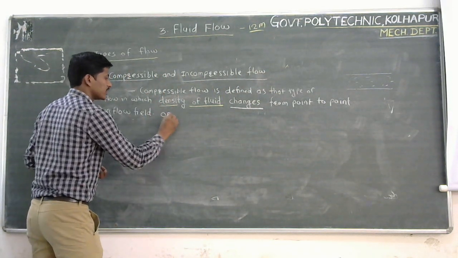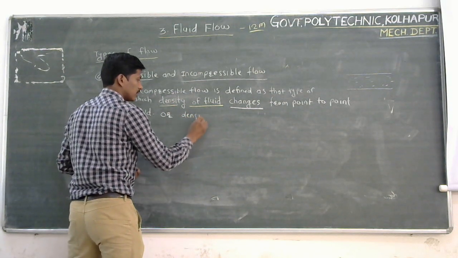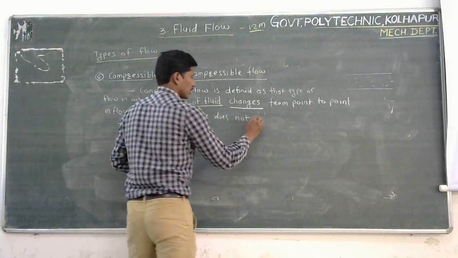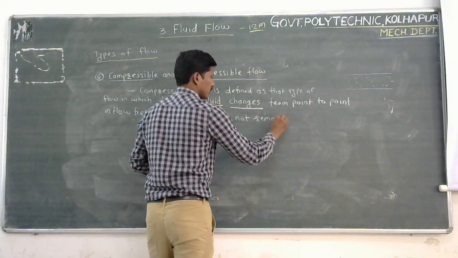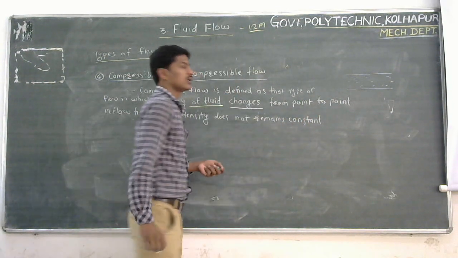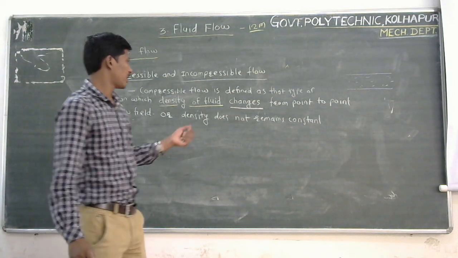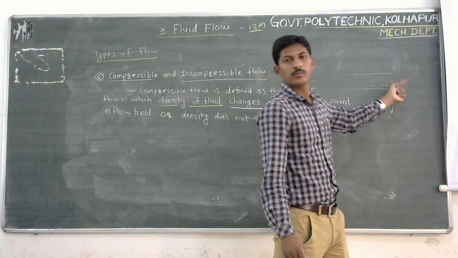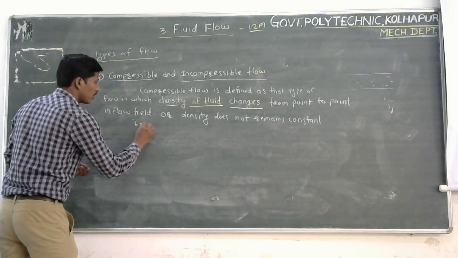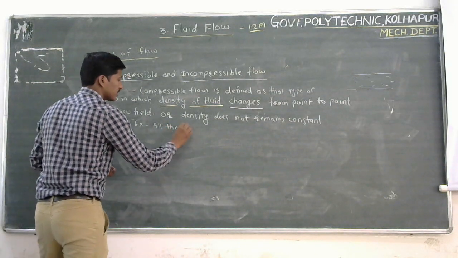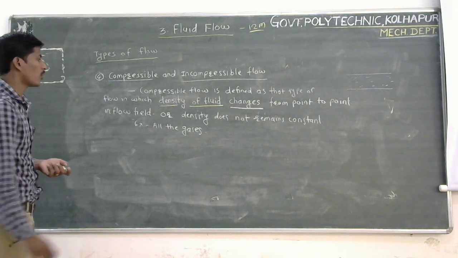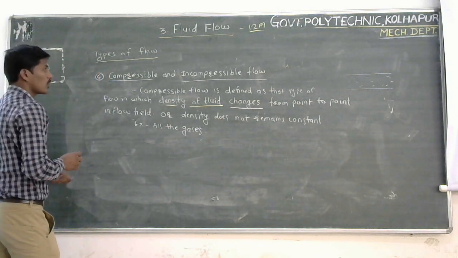Then it is called compressible flow, when the density of fluid varies from point to point. For example, all gases are examples of compressible flow. Flow of gases is an example of compressible flow.